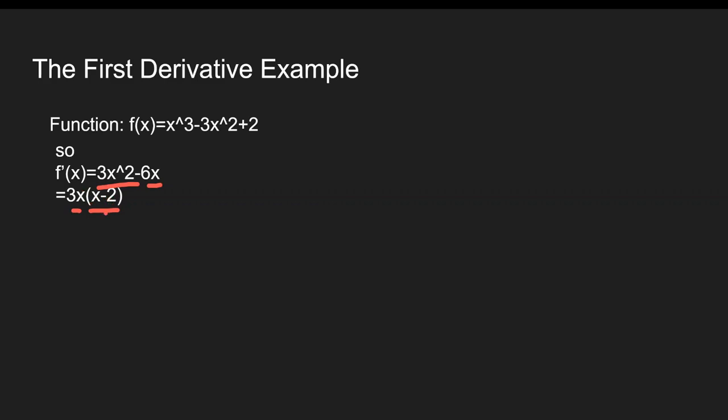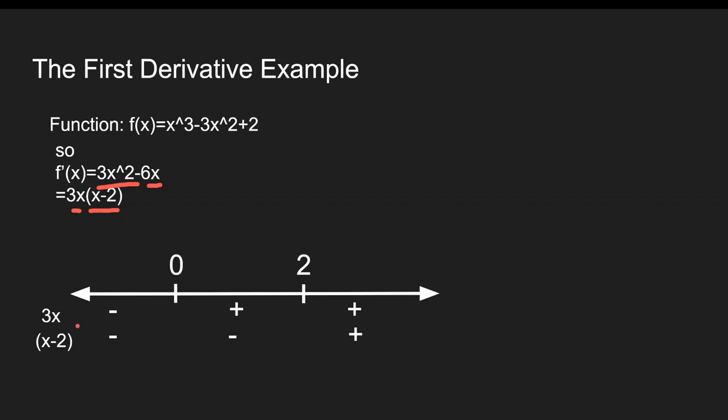And then again, with these, we can use the number line method. We know that 3 times 0 would make it 0, and 2 minus 2 would make the function 0. So these are the zeros of f prime of x. Then we plug in -1 because it's right before 0, or any other value before 0, into 3x, and we know -1 times 3 is a negative.